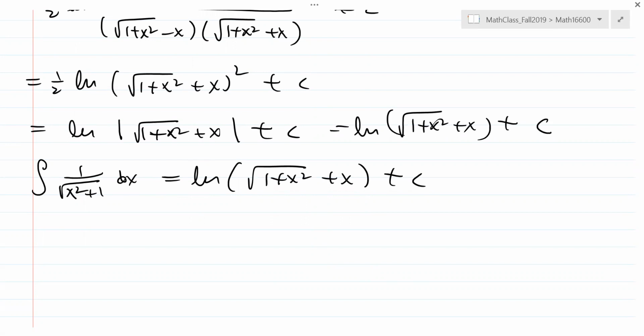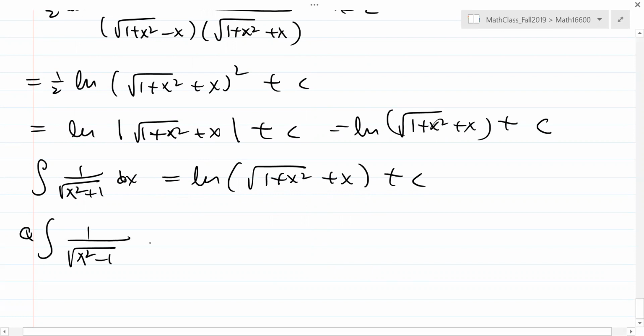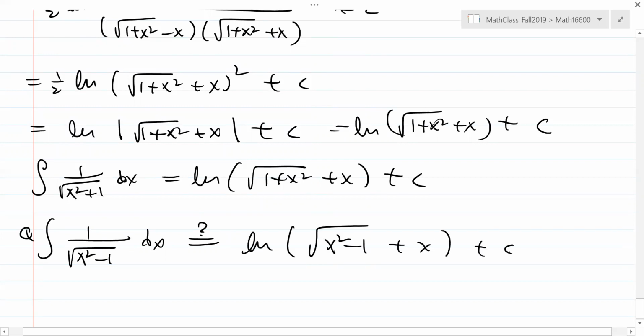I think if I change the problem a little bit, to the integral of dx over square root of x squared minus 1. My question is, are we able to get this or not?